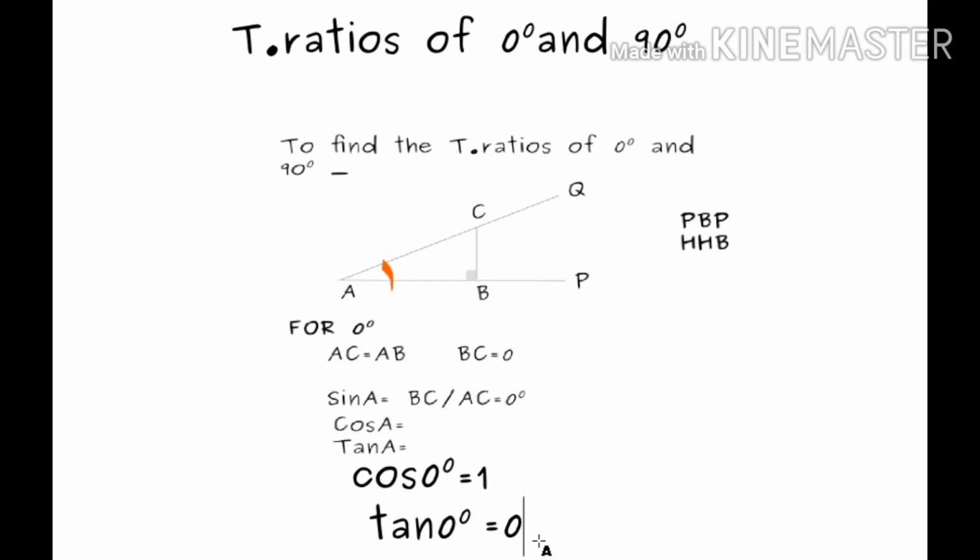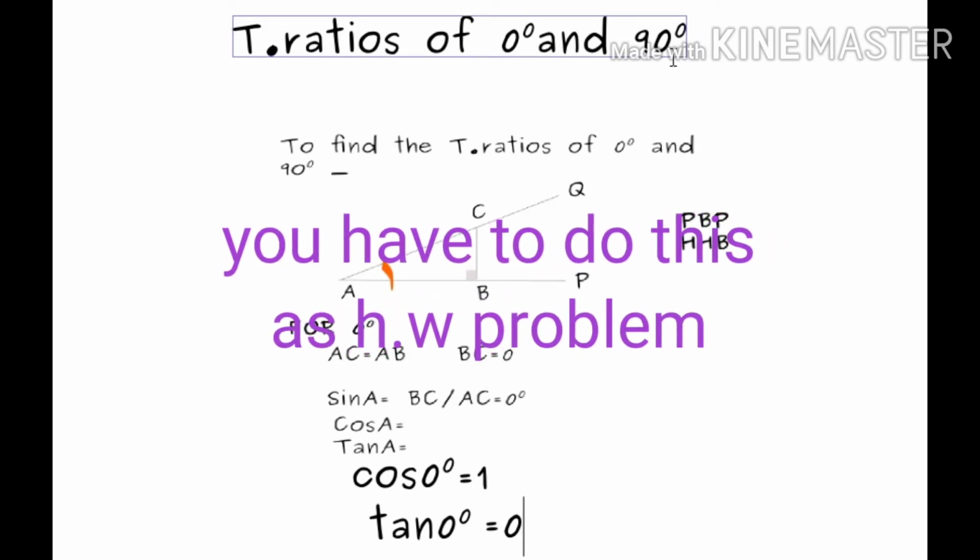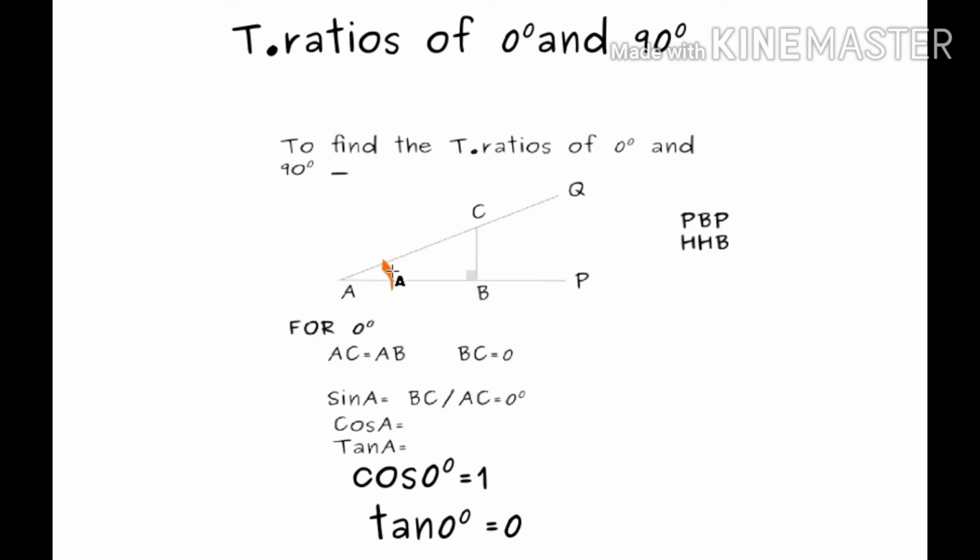Now I am giving you a homework problem, but before that let me give a hint about it. I want you to calculate all the ratios for the 90 degree angle, but for doing so let me make you clear about how to make a 90 degree angle, when you're trying to make this orange color angle.